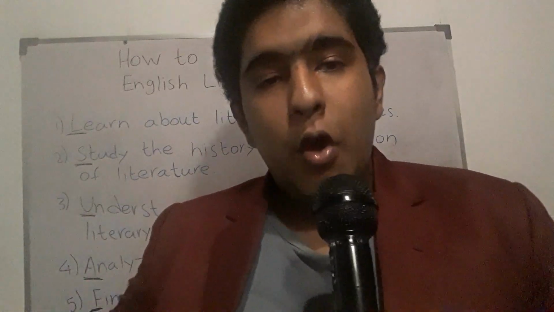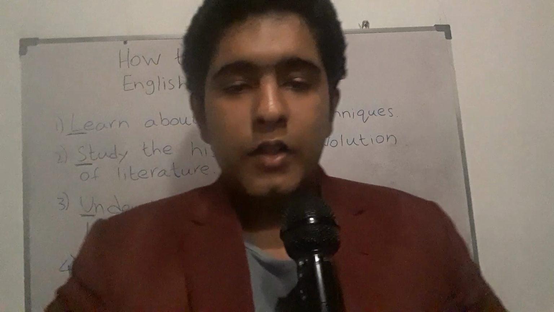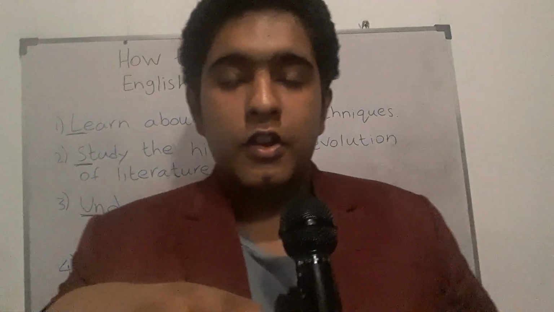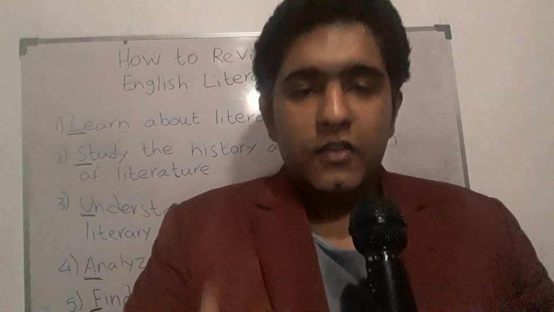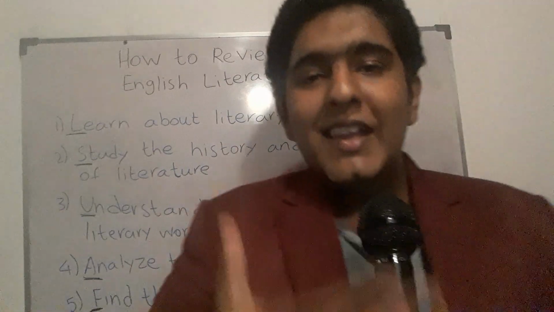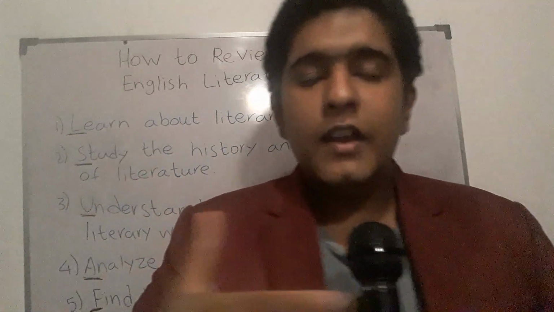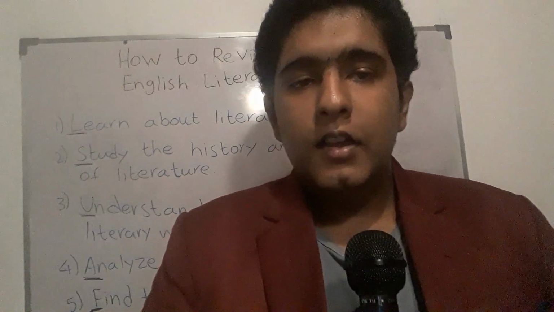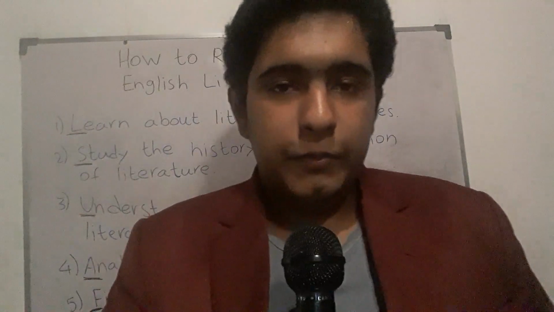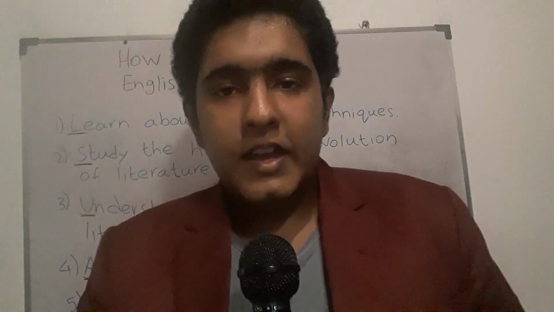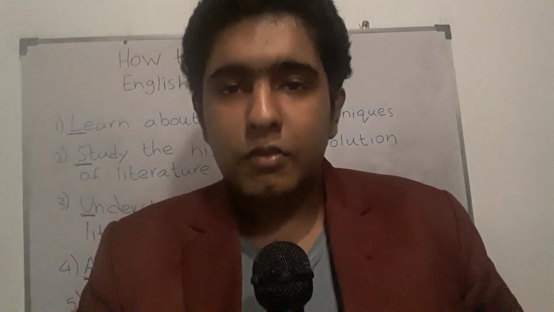If you know about those time periods and the literature those time periods inspired, it's very easy to realize what kind of literary techniques are inside these literary texts. I don't know if you know this, but the Iliad has a great description.